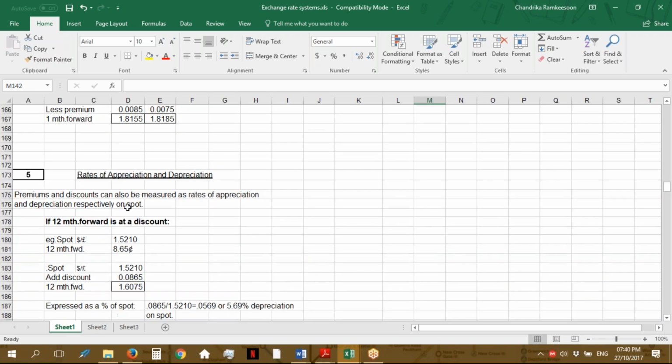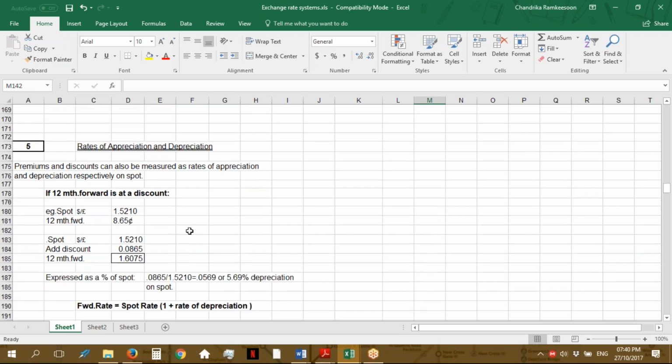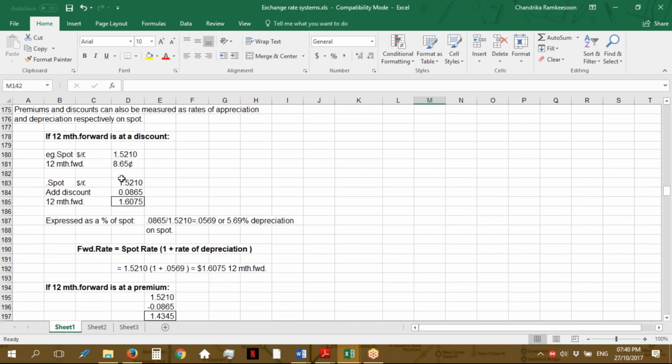So this is what I've shown you next: how to use rates of appreciation and depreciation. Premiums and discounts can also be measured as rates of appreciation and depreciation respectively on the spot. And the good thing about this little example is that I've shown you how to work from a discount, say, to a percentage, and vice versa.